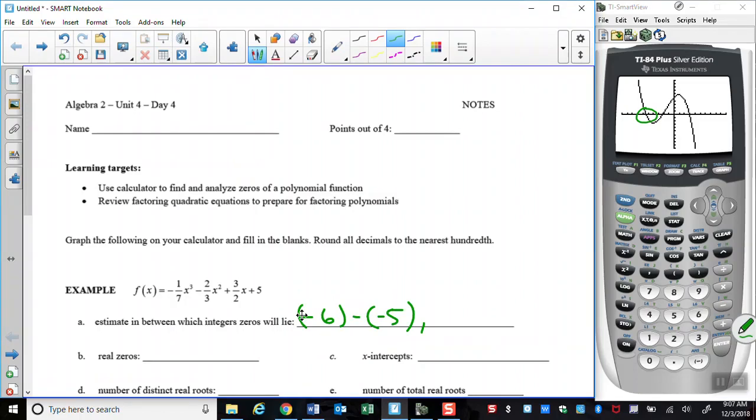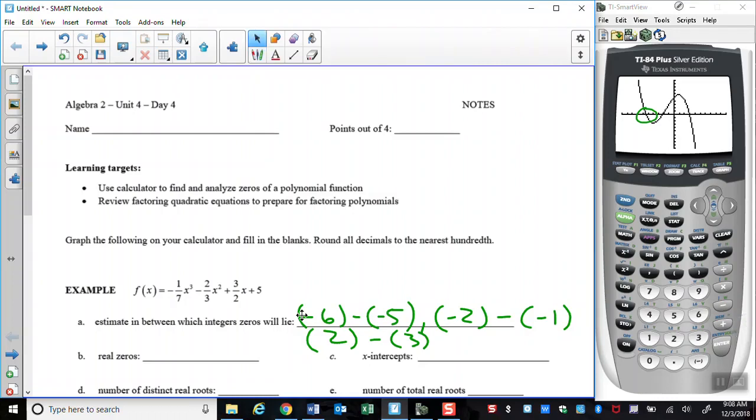That second zero looks really close to negative 2, but let's say it's in between negative 2 and negative 1. And that last one looks right on positive 3, but again, let's assume it's not quite 3, so it's in between positive 2 and positive 3. Just be able to look at the graph without doing anything else and see where they're going to be, and then move forward with the rest of our analysis.